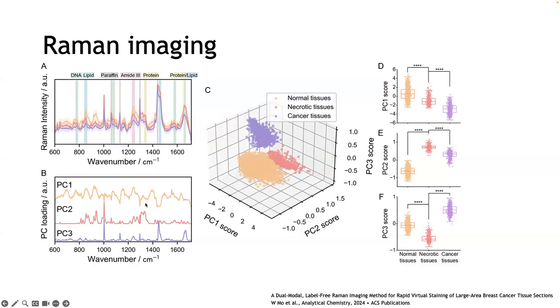So here what they did is that they used principal component analysis. They analyzed all the spectra using PCA. It seems that the different samples cluster in different areas in the principal component space.